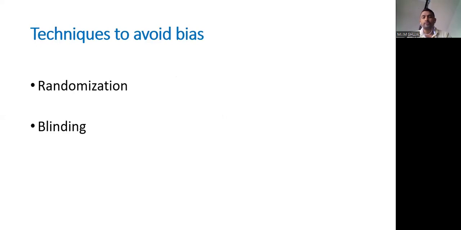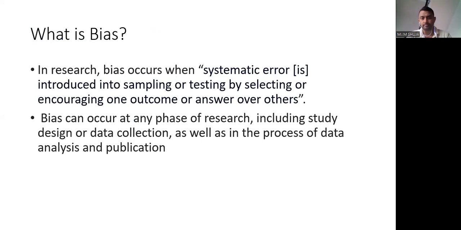There are techniques to avoid bias: randomization and blinding. What is bias? In research, bias occurs when a systematic error is introduced into sampling or testing by selecting or encouraging one outcome or answer over others.